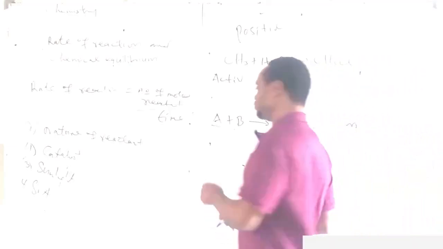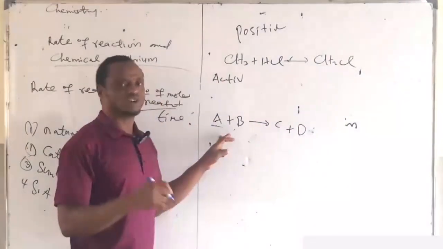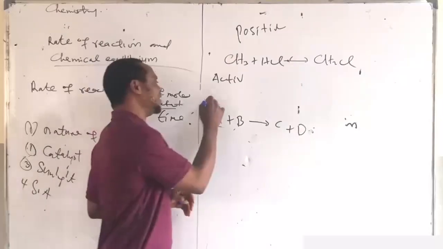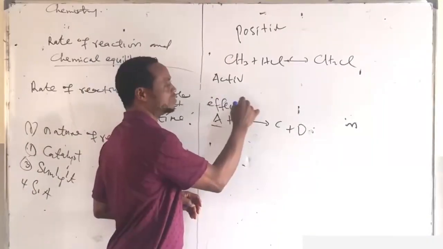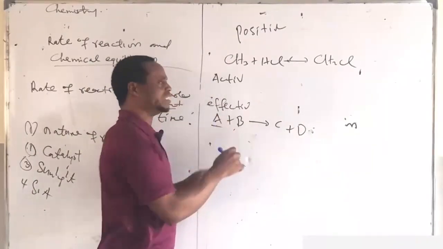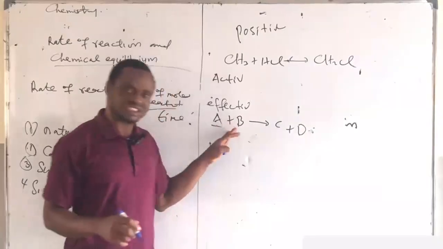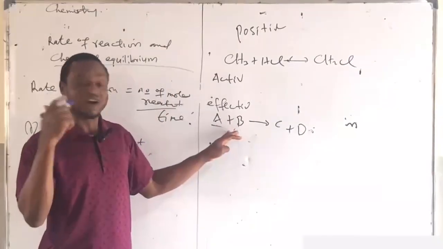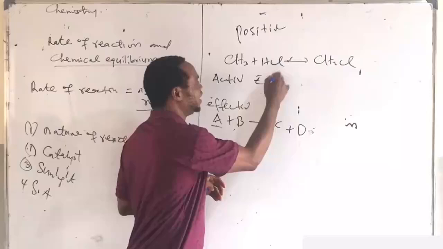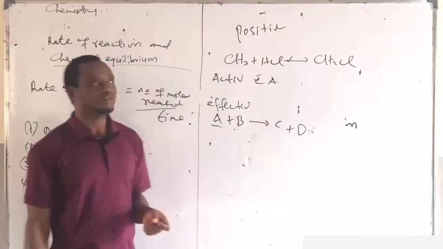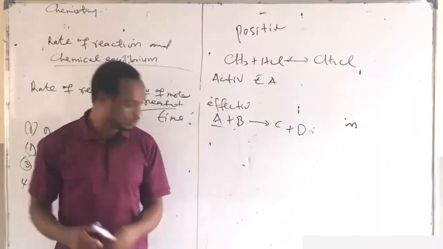So we have those ones that cannot produce. In fact, we have what we call effective collision and ineffective collision. Effective means that the colliding particles of the reactant are enough to overcome the what? Activation energy.